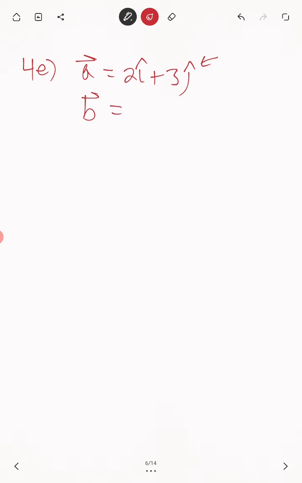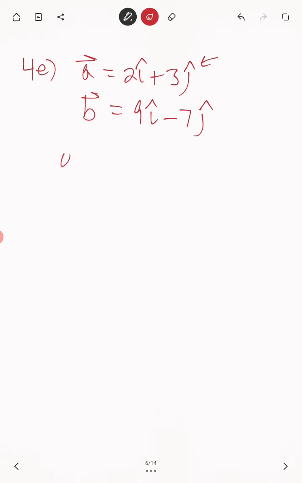Vector B equals 9i minus 7j. And so this is the unit vector notation of vectors, which you should have seen in the Explore Learning Gizmo that you did for 7.1.